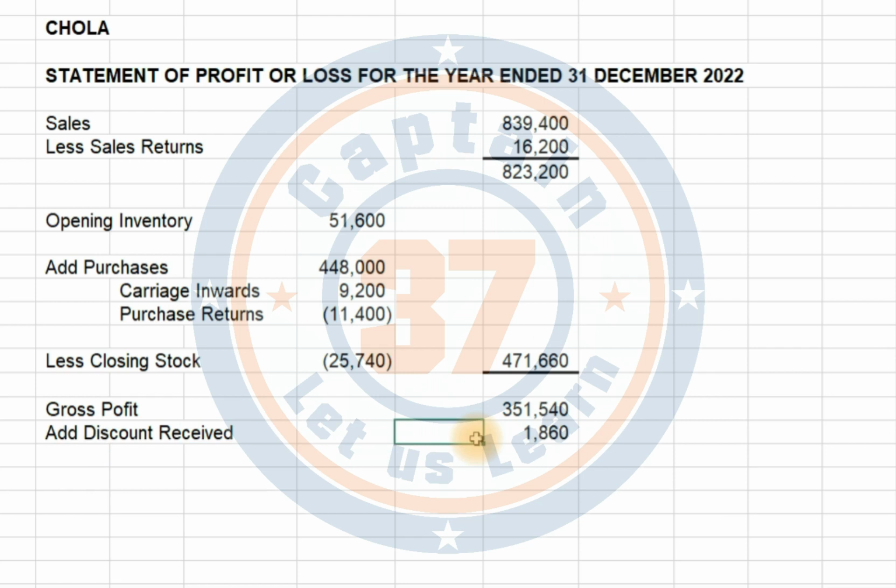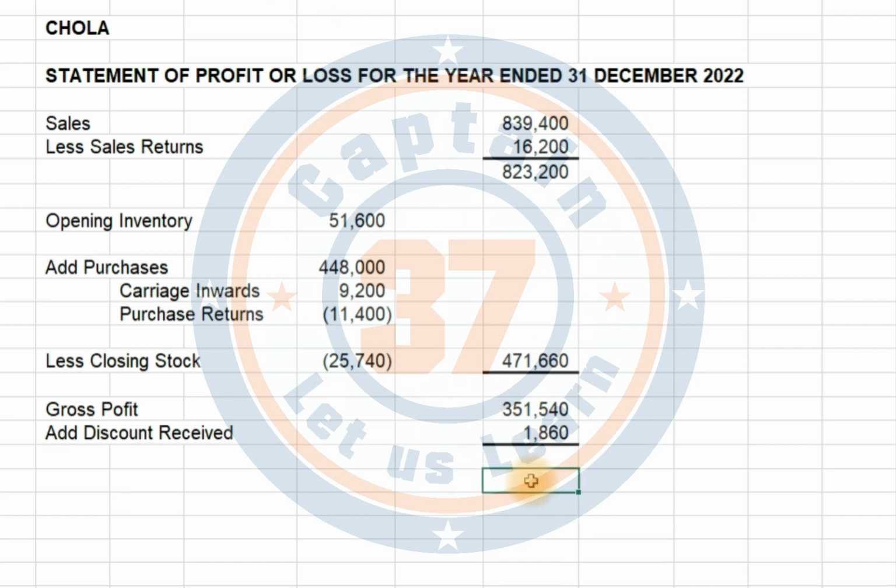So we add this 1,860 to this 351,540. We add these two, and what does it give us? It gives us 353,400. Are we done? No, not yet.